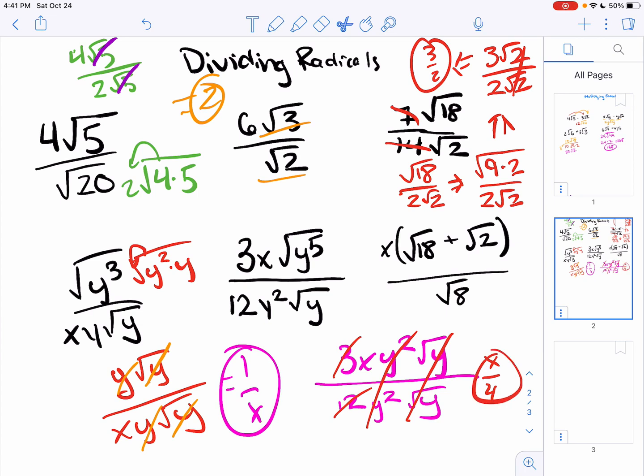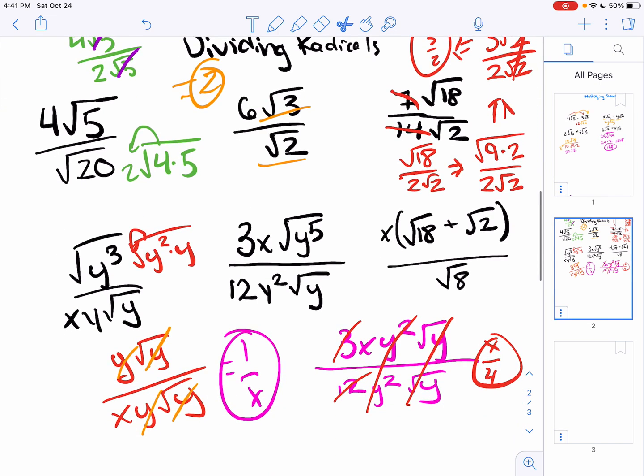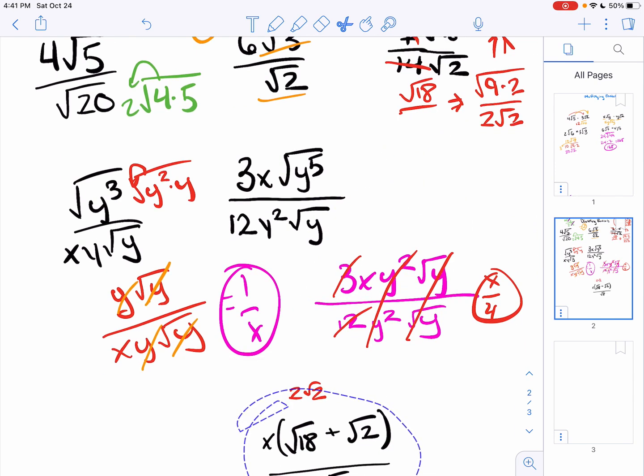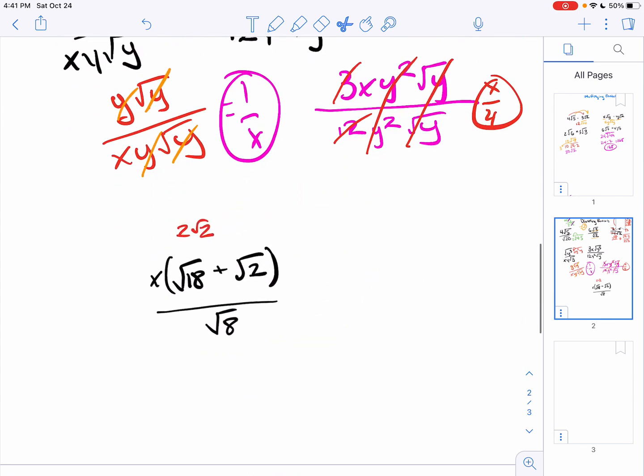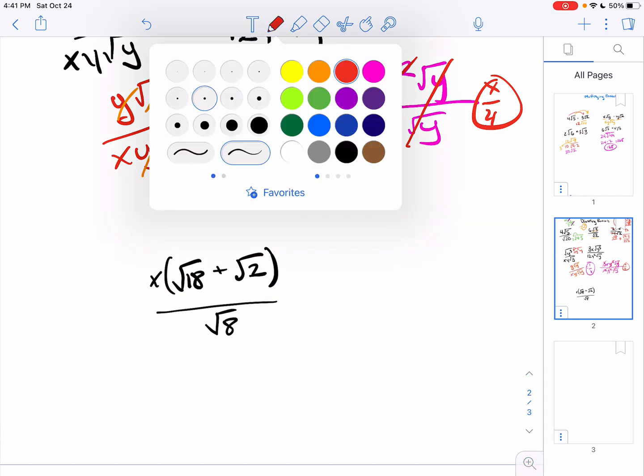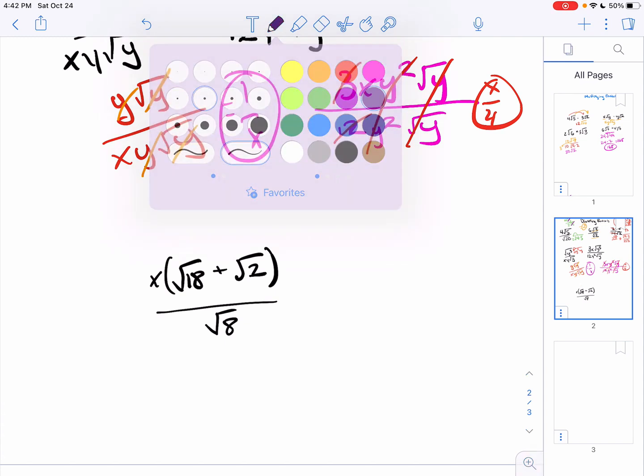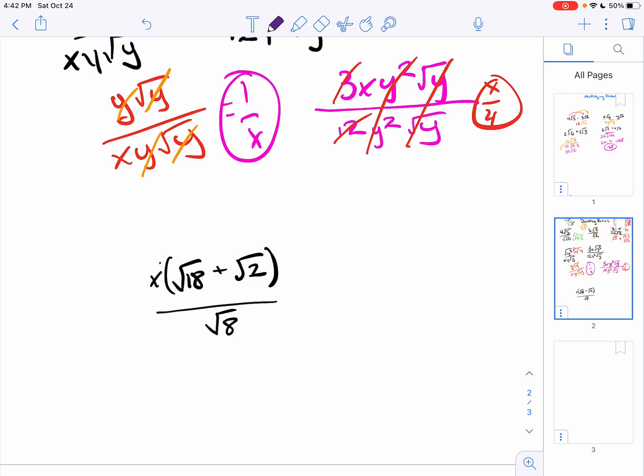For the last one, let me just move this. Okay, give myself some more room. Alright, so this one's a little bit different because we can't divide yet because we have to multiply and distribute this first.